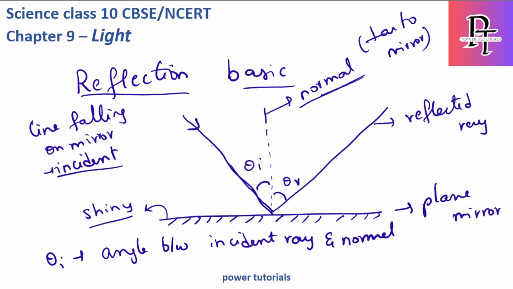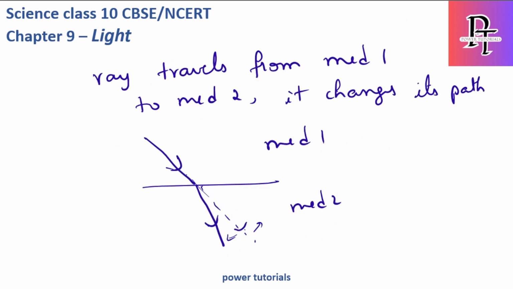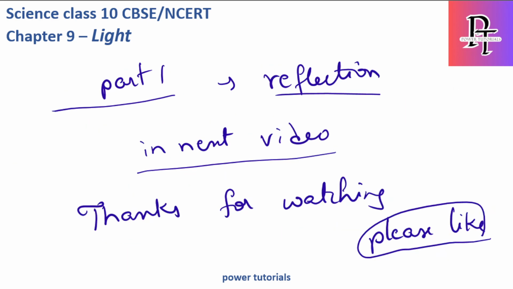Then we covered the basic definition of reflection, the basic rules of reflection, incident ray, reflected ray and normal. And then we covered the basics of refraction, and what lenses are. So in that part we covered the basics, I can say the prerequisites for this chapter.